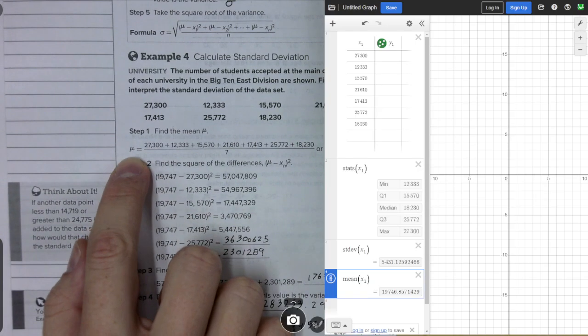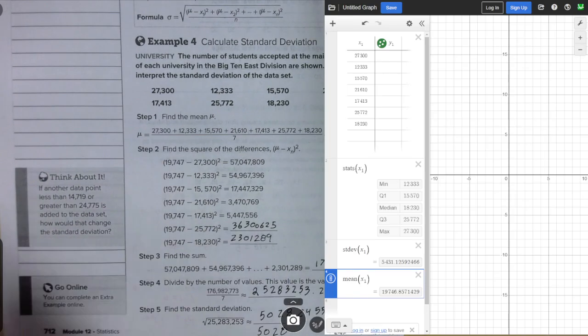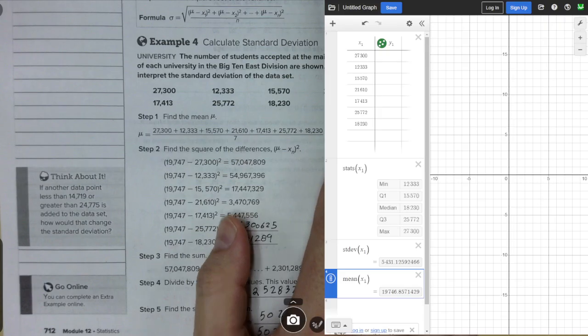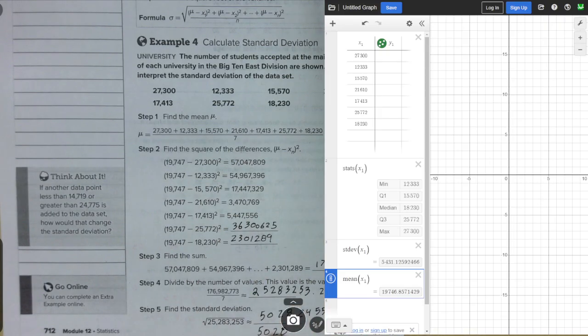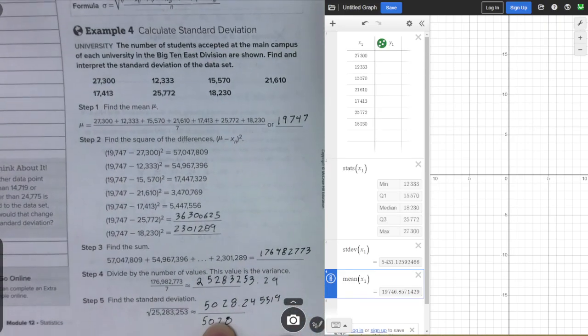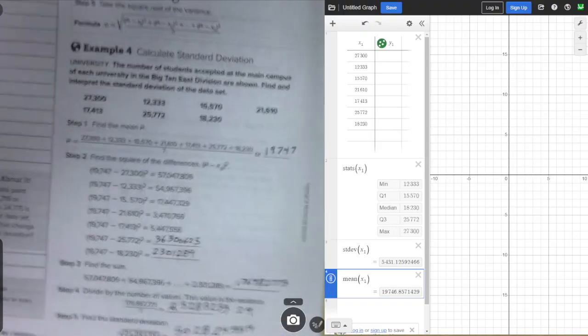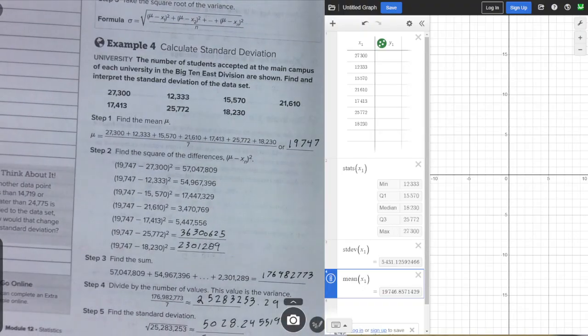The problem is this says equal right here. So we have an issue where we rounded our mean, and then when we used that rounded number, it affected our overall answer. So this is one of the problems with statistics. Your answer gets changed based on how many significant figures you used.